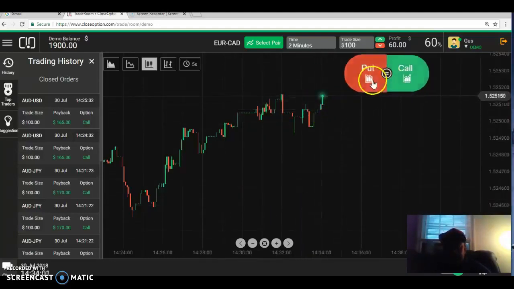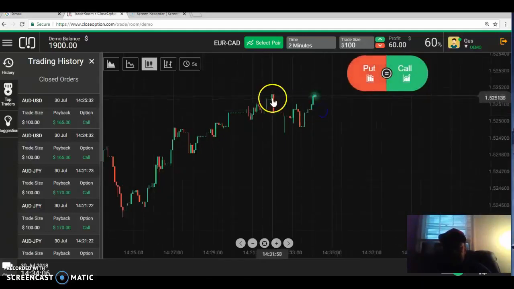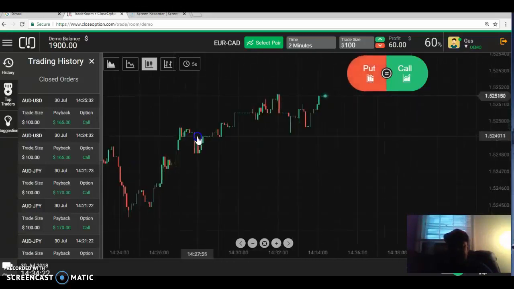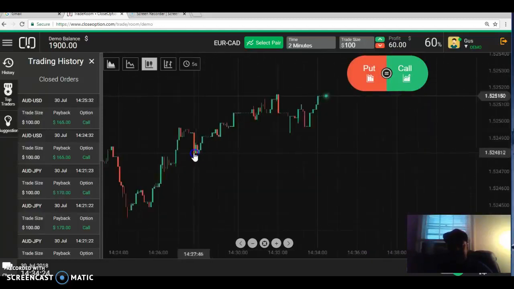Okay, so here, boom. All right. The currency has hit this sort of level of resistance here, and I'm looking for it to possibly go back down. So I'm going to wait a second before I execute a put option, which is basically saying that this currency is looking to probably head downward because it really hasn't touched any other level higher than this.